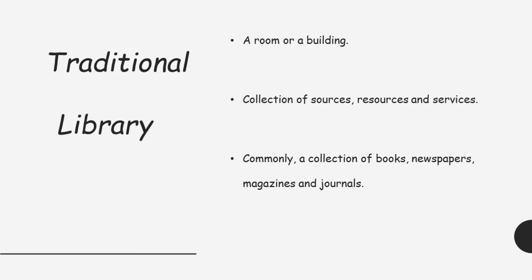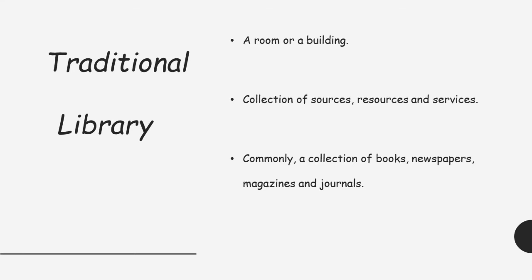But before that, we shall define a traditional library that you're already familiar with. Just think of a college library or the department library. You may also think about the local libraries near your house. How would you define them? A library in general is a room or a building where you can find a collection of sources, resources, and services.